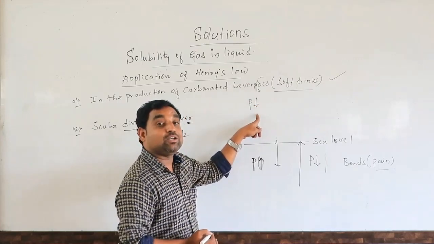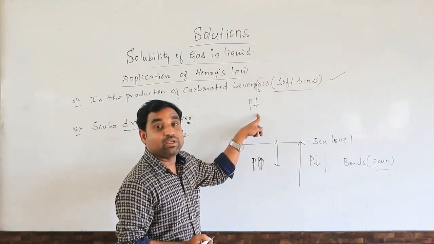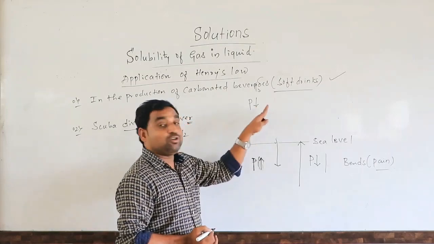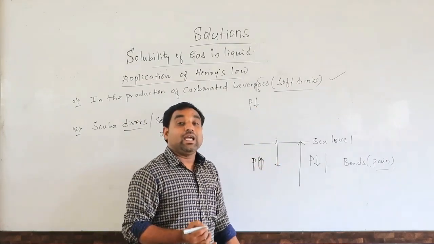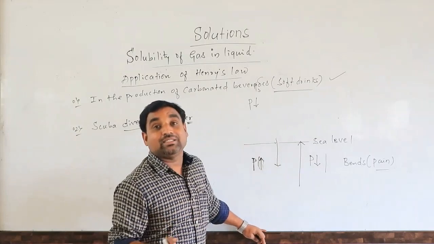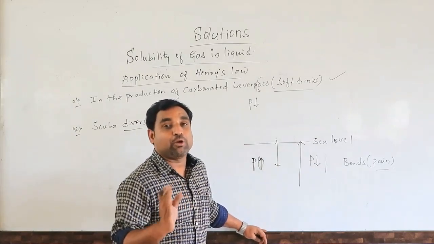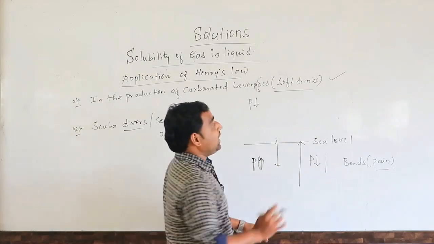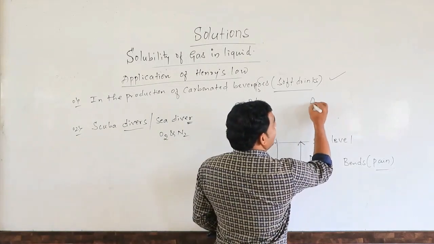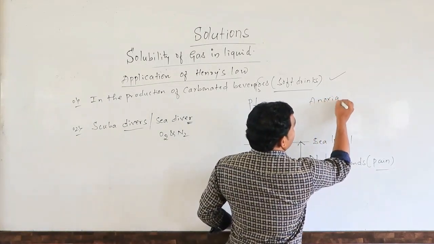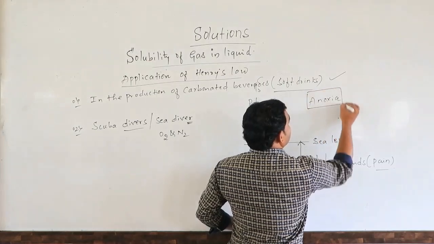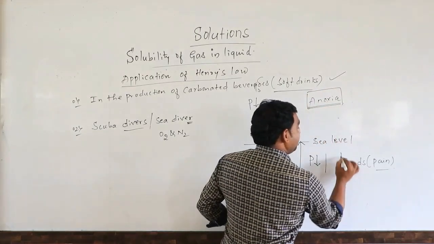It means less oxygen is available to the climber. Low concentration of oxygen leads to weakness or sickness, and he will not think properly. That symptom is medically termed anoxia. It's very important, a one mark question: anoxia and bends.